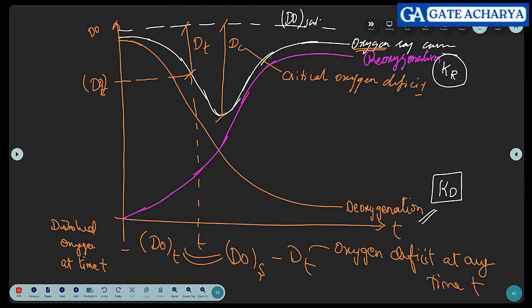This critical oxygen deficit can be estimated using the formula: deoxygenation constant by reoxygenation constant, into L0, into e power minus Kd into Tc.